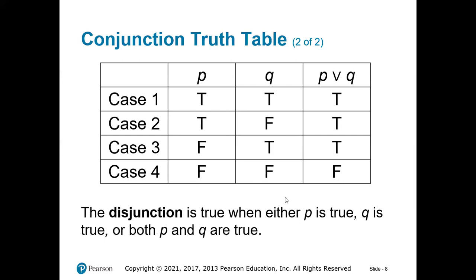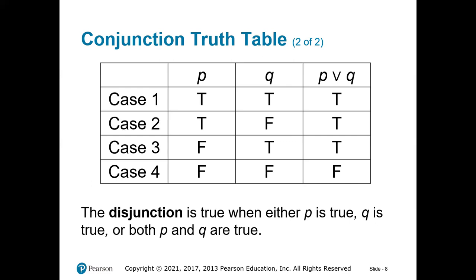So the only case where the disjunction is false is when both P and Q are false. That's all you need, really. If you know the truth value of P and the truth value of Q, you can get the truth value of the negation of P, of P or Q, and of P and Q.